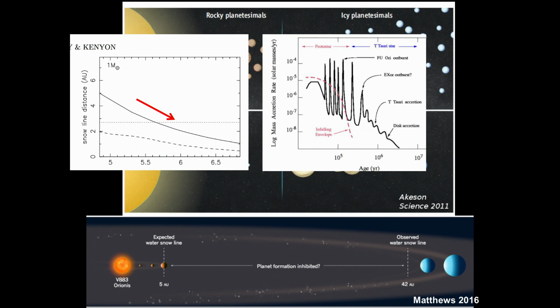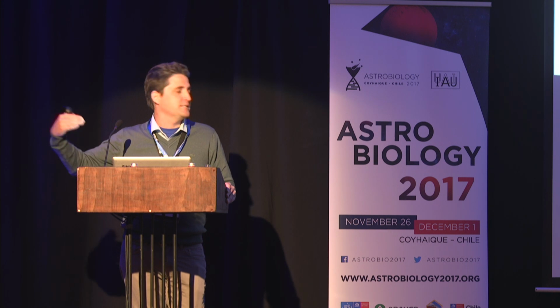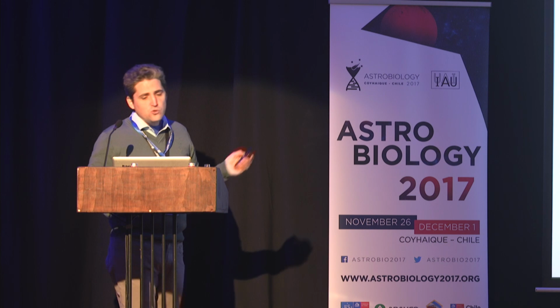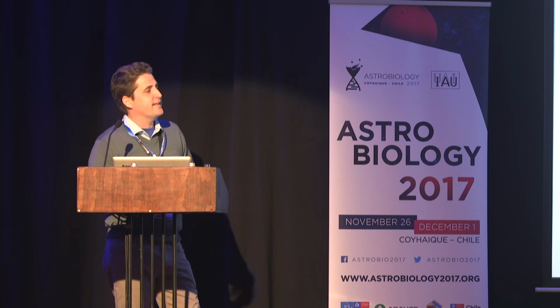And we don't know what this will do to planet formation, but very likely it will destroy all the icy planetesimals, all the comets, and you will have to start the process of forming these comets again and again.